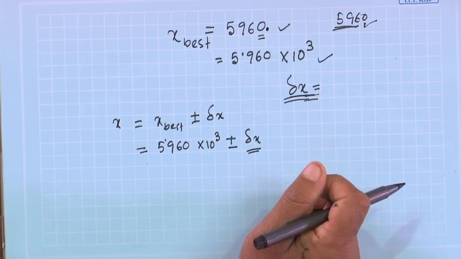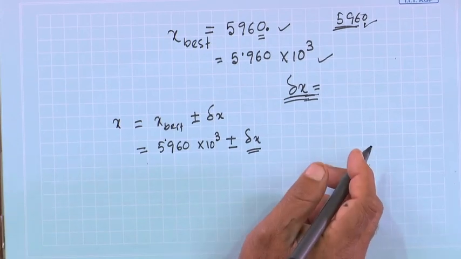Now there are different situations that occur when you do an experiment and find out the result, and as I told you, you have to get confidence in your result. For that we analyze our result, we check our result. Very frequently there may not be a standard result or true value with which you will compare.